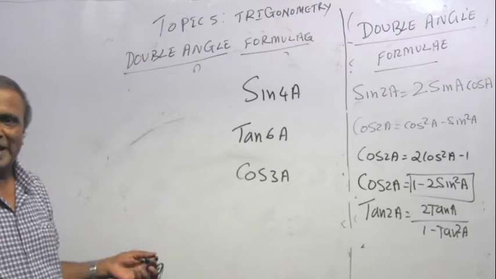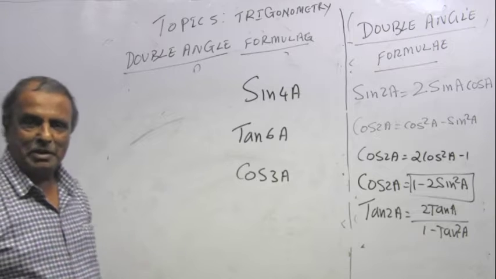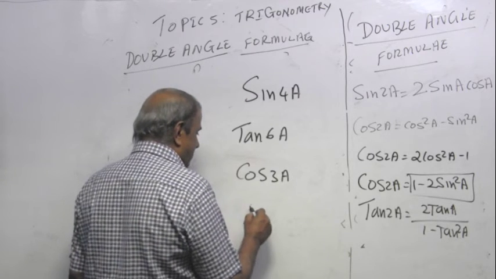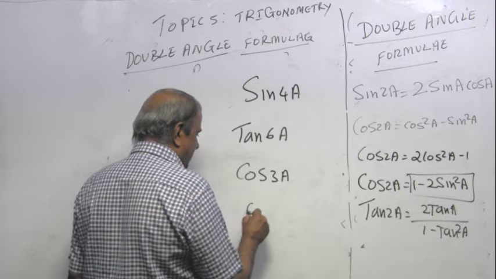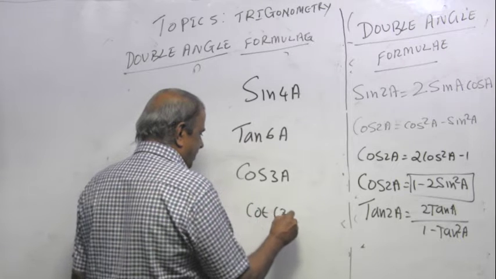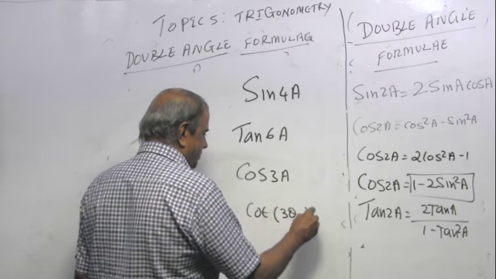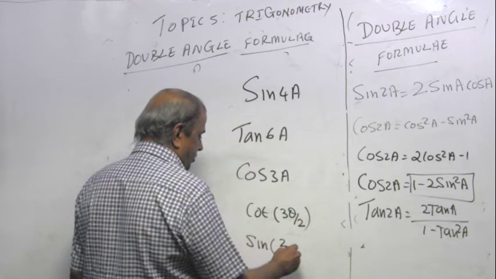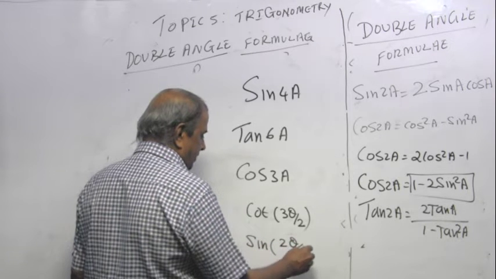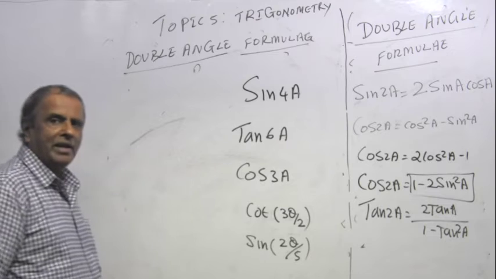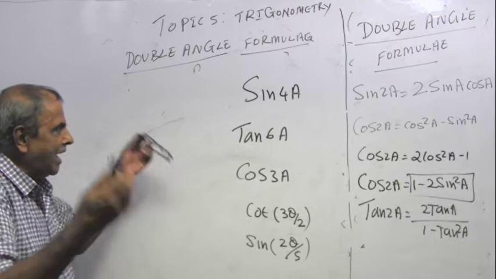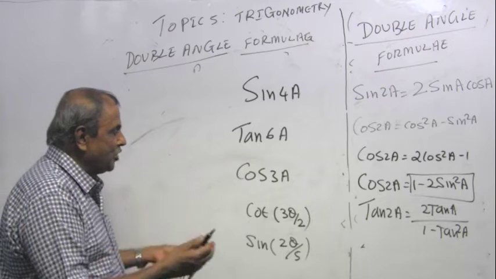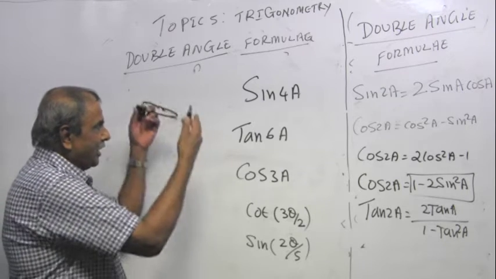As it is, you are finding it difficult, or you're fed up of remembering the formula. I'm increasing your problem. Or let me make life more complicated: cot of 3 theta over 2, or sine of 2 theta over 5. How am I going to get a formula for each one of these?